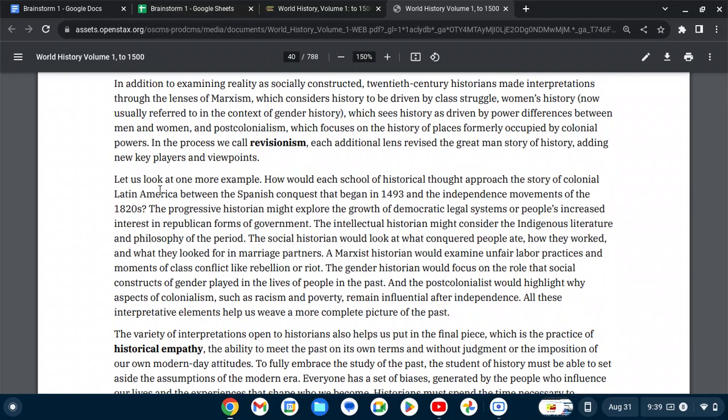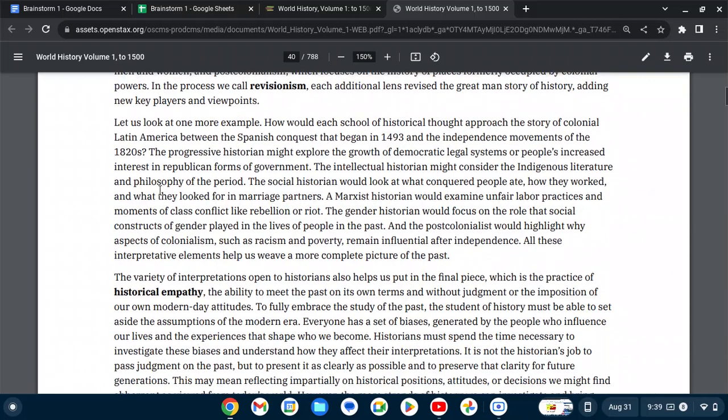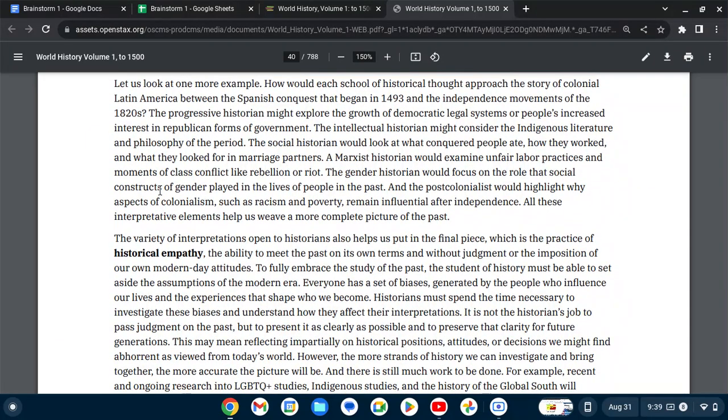In the process we call revisionism, each additional lens revised the great man story of history, adding new key players and viewpoints. Let us look at one more example: how each school of historical thought approached the story of colonial Latin America between the Spanish conquest that began in 1493 and the independence movements of the 1820s.